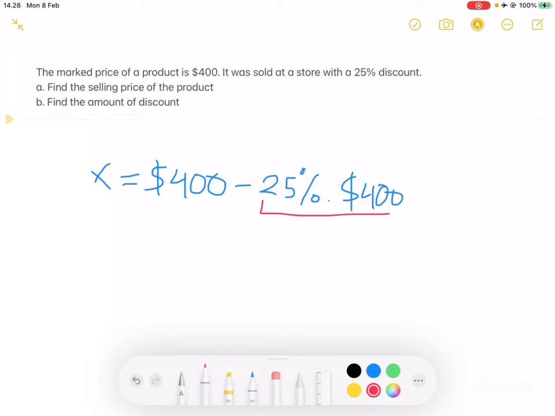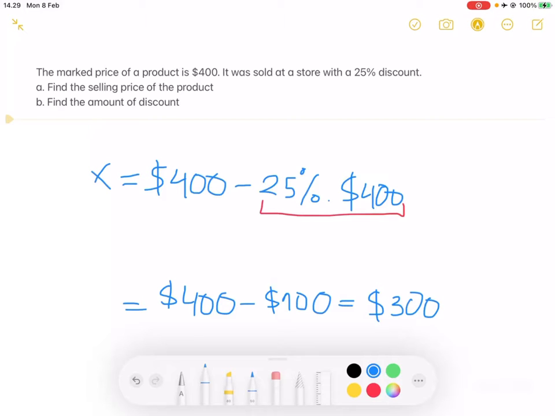And 25% can be written as 25 over 100 multiplied by $400, which would be equal to $100. So this whole thing will become $400 minus $100, which is $300. So the selling price of the product is $300.